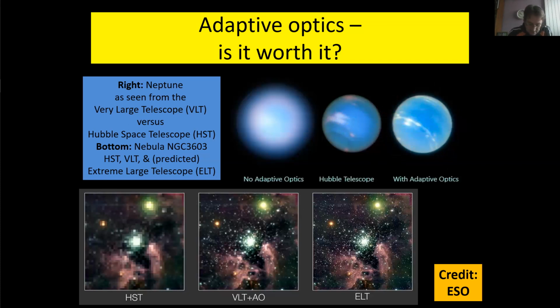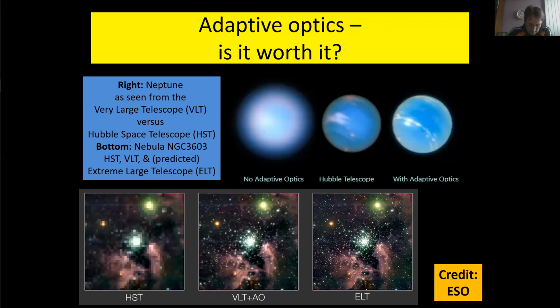Now, at the bottom, this is a simulation. This is a nebula, which means some kind of region with enhanced dust or gas density in our galaxy. It's called NGC 3603, so New General Catalogue 3603. On the left is the Hubble Space Telescope, the quality of the picture.